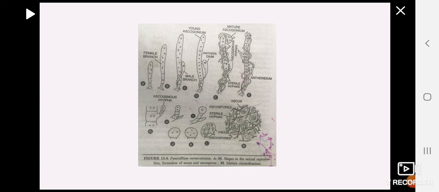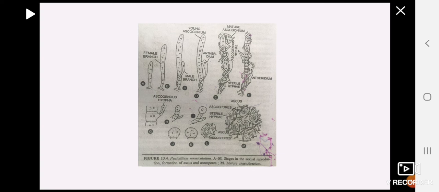So it is very interesting to see here that the nucleus does not migrate into the ascogonium, only the protoplasm migrates into the ascogonium.